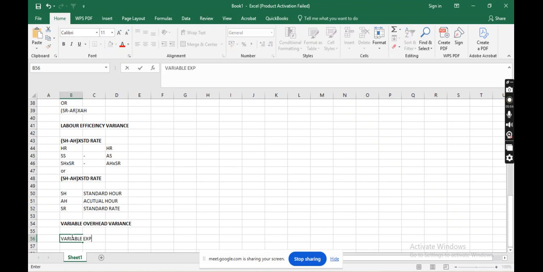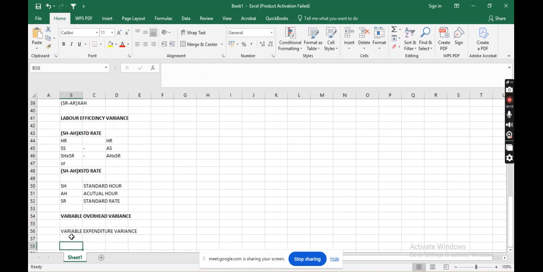Variable expenditure is still the same thing as the one of labor rates. So I don't need to draw any diagram, but the only difference is that if I want to write it, I will say this is for variable, it is not for labor. Expenditure variance. Now, the formula still remains the same, right?